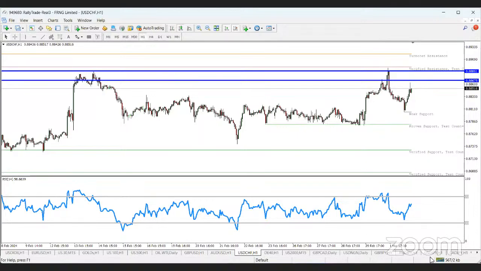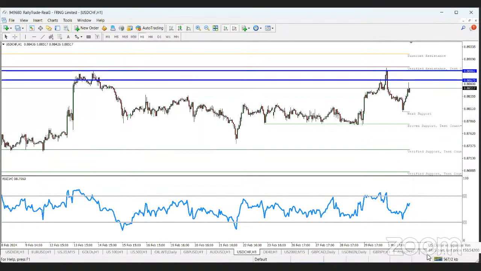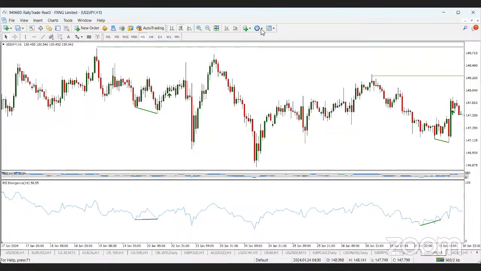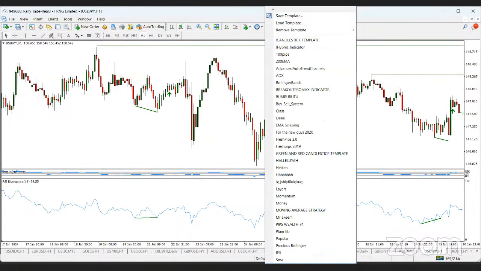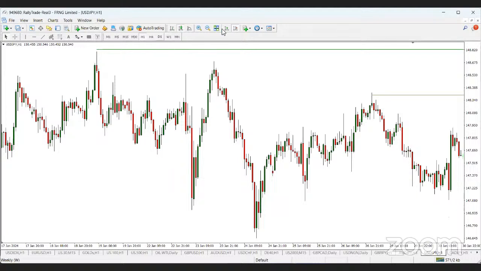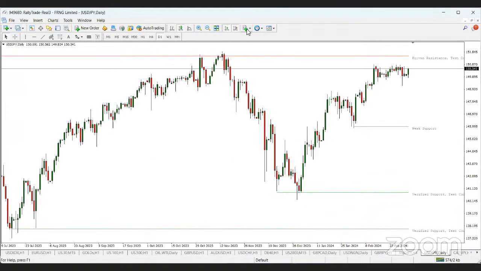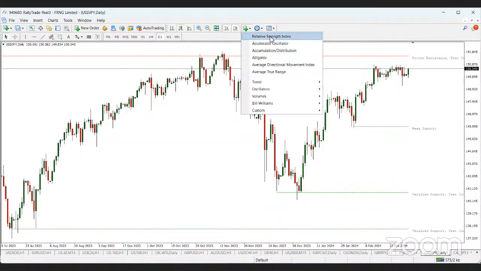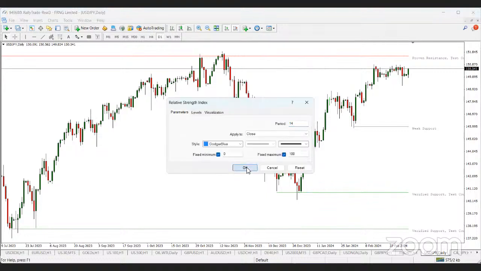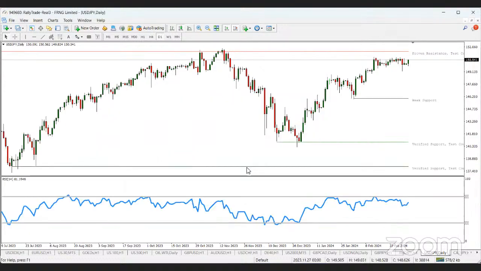Let's check out USD JPY. The daily time frame, what do we have here? We have GBP USD on a bullish run. From this bullish run, we have it at a resistance point on the daily time frame.